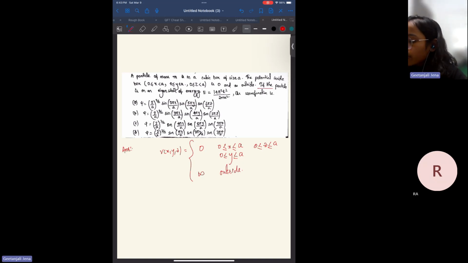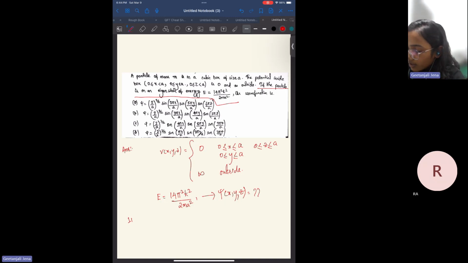Now it is saying the particle is in an energy eigenstate, with energy 14 pi square h squared divided by 2m a square. Now it is asking what will be the wave function of this particle in this 3D cubic potential.